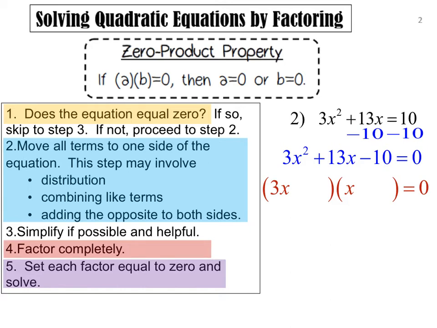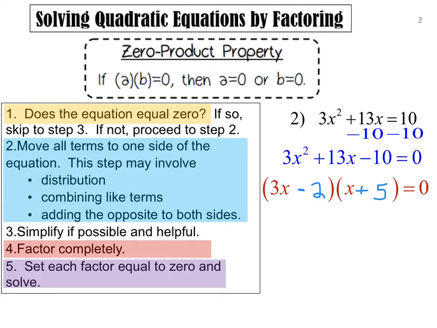So for our factors of 10, we could try 10 and 1 or 5 and 2. Let me put a 5 here and a 2 here. Don't forget our loops. These two multiply to 2x. This multiplies to 15x. 2x and 15x. How could we get 13x? We'll go ahead and subtract 2x, and we'll have 3x minus 2 and x plus 5.